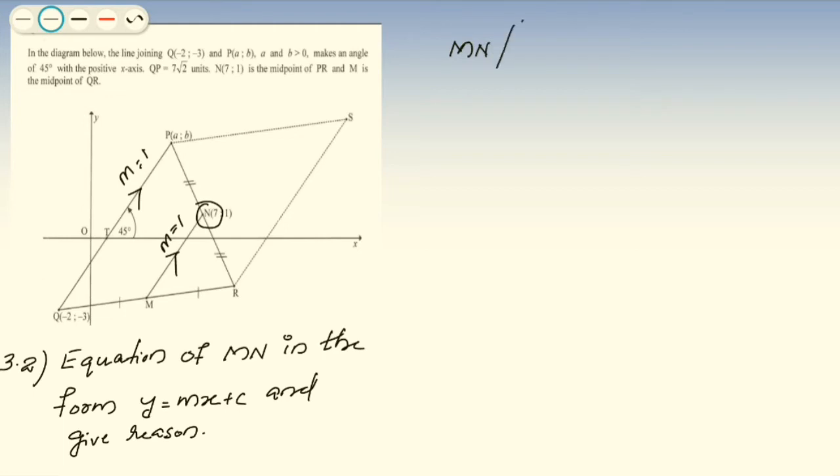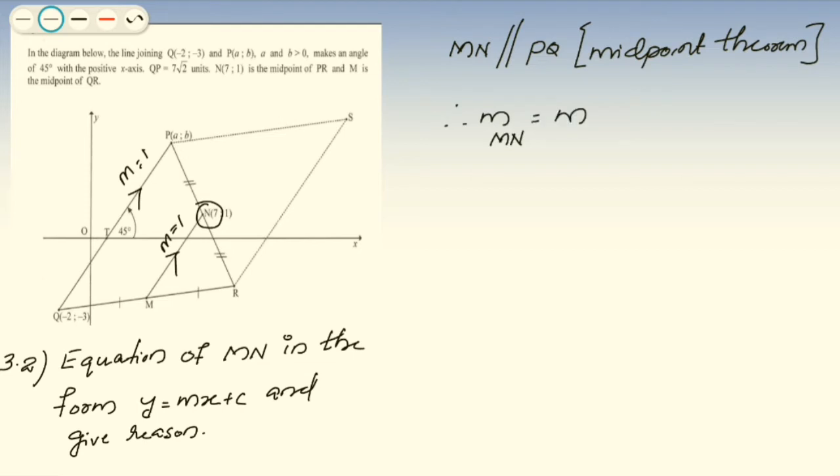MN is parallel to PQ. What is the reason? Midpoint theorem. Therefore, the gradient of MN must be equal to the gradient of PQ, which is equal to 1. So we got the gradient of MN.